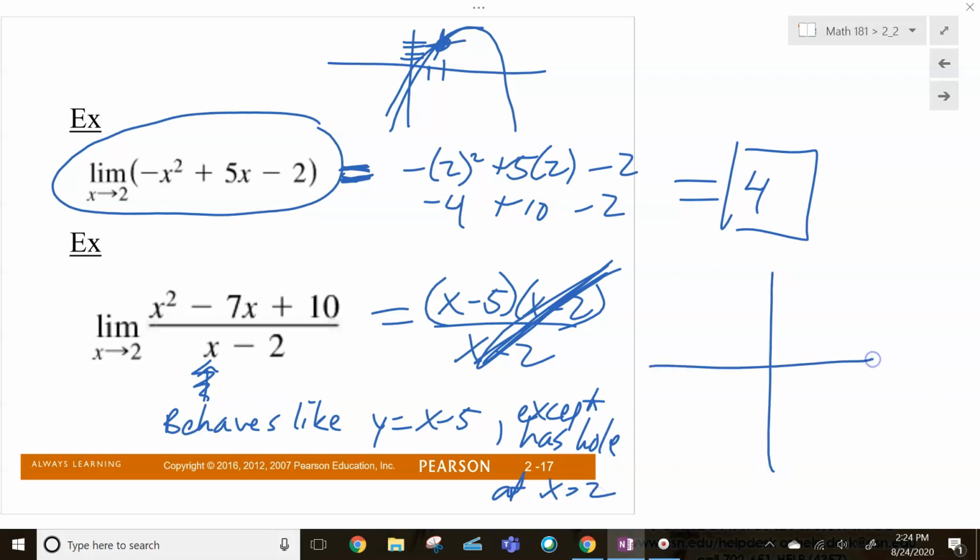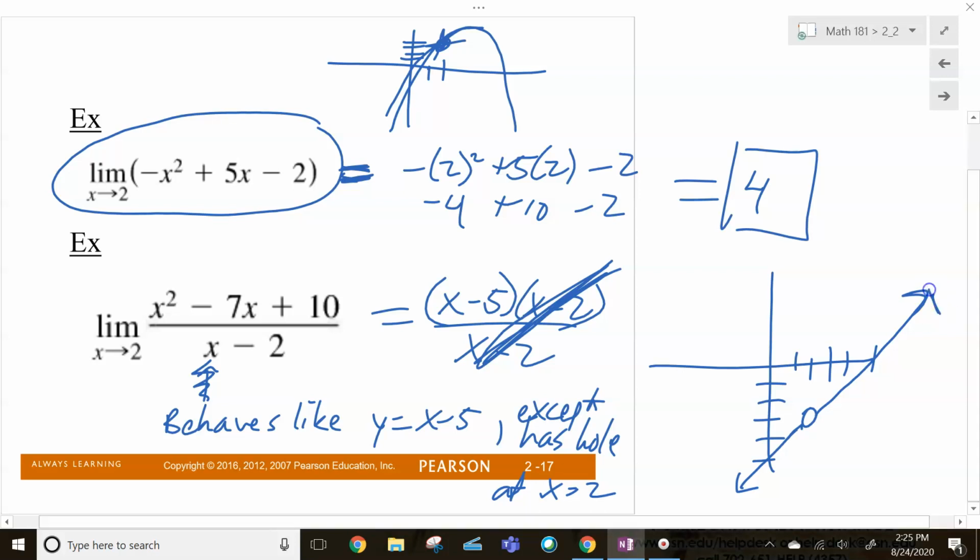Right? So it's got this hole right there, but it looks just like y equals x minus 5.